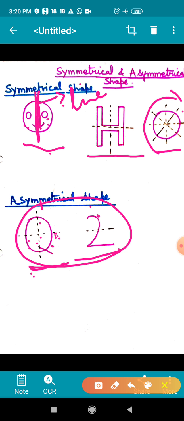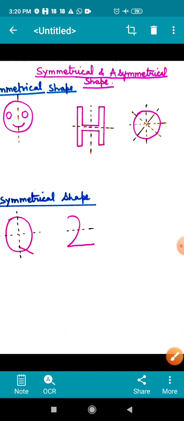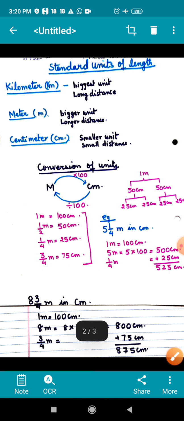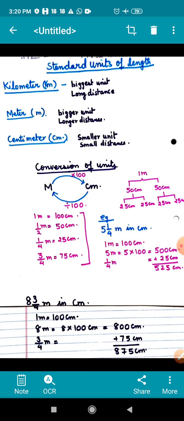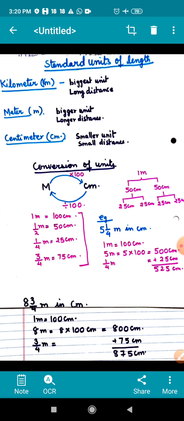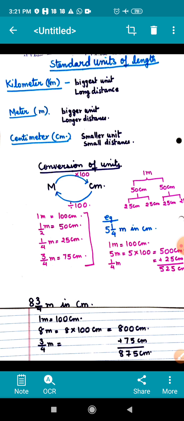Okay, now let us learn the second topic, that is standard unit of length. Children, you all know the standard unit of length is meter, and the other units of length are kilometer and centimeter.